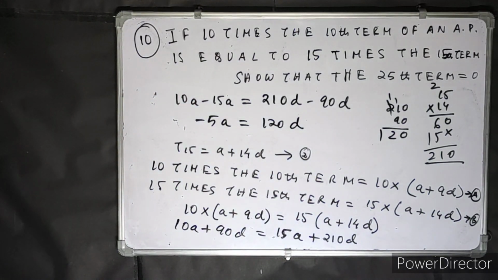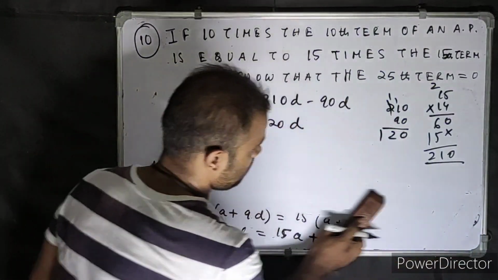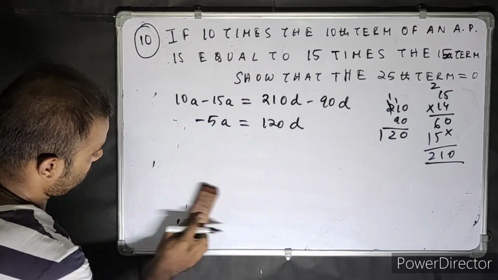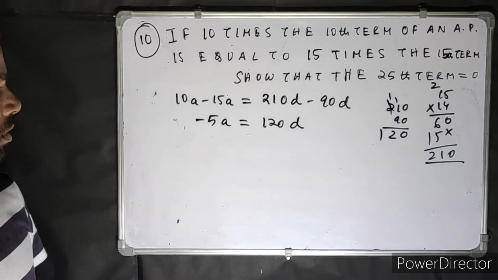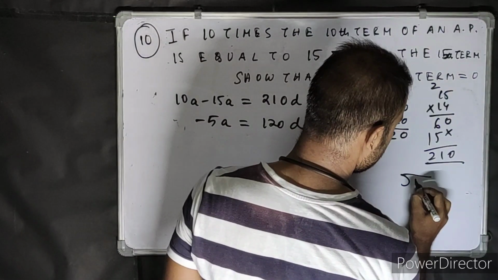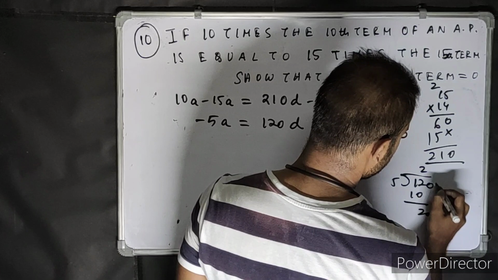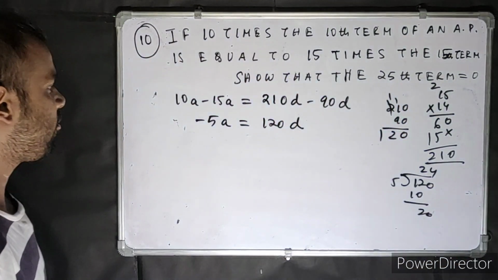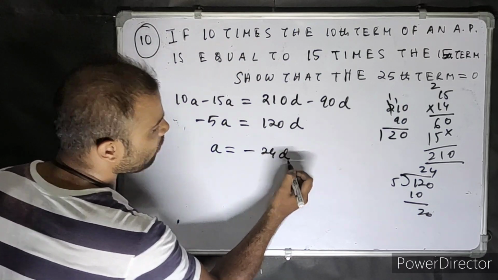Now let's find a from here. Divide it. So 120 divided by 5: 5 2s are 10, 5 4s are 20, 24. So a is equal to minus 24d.